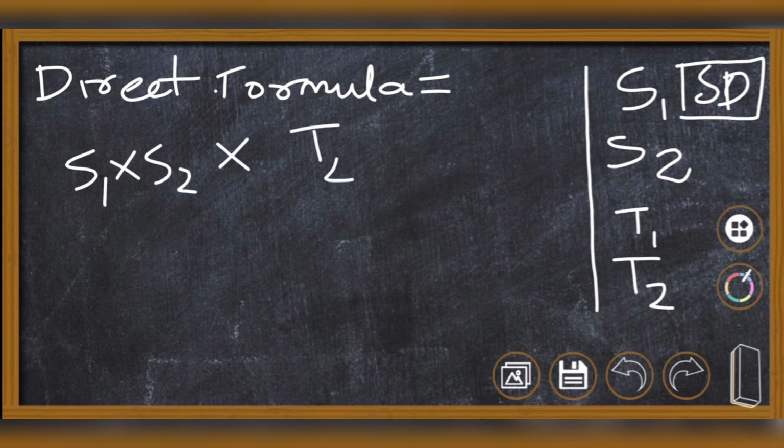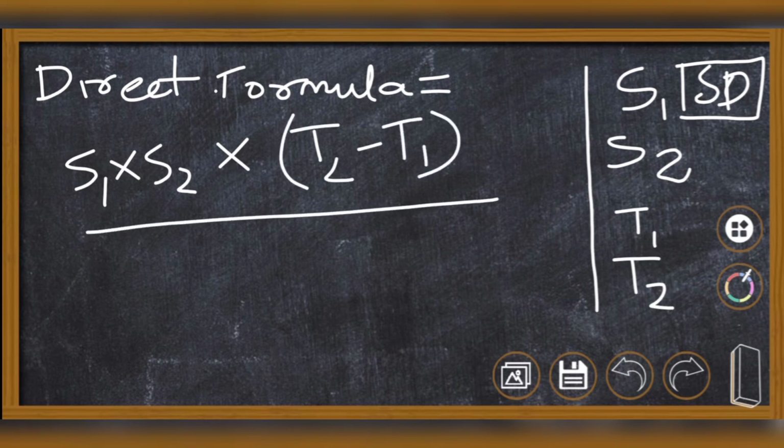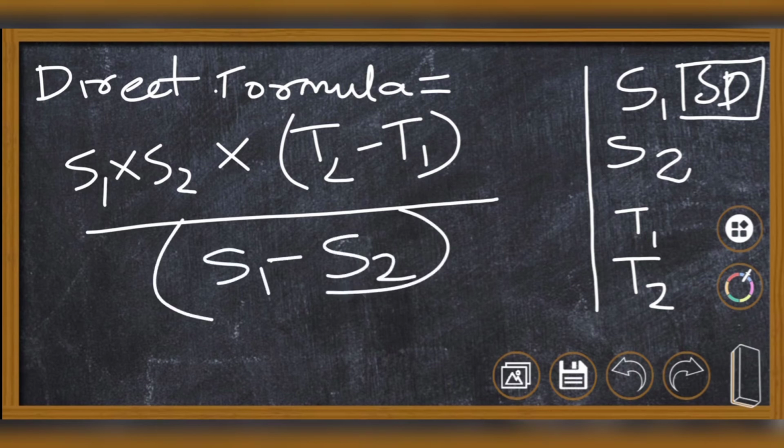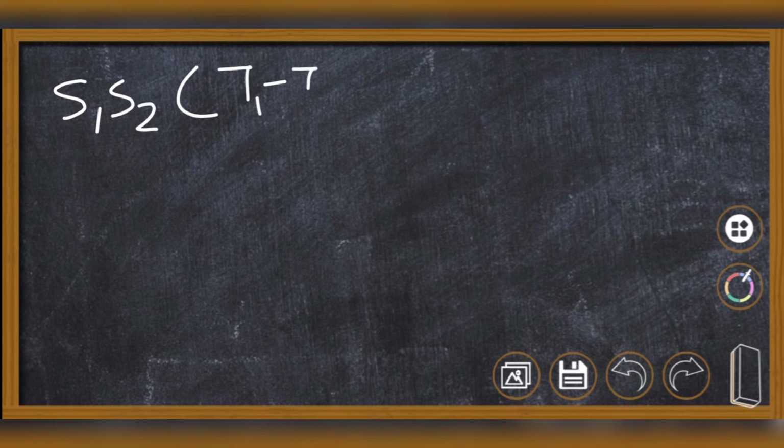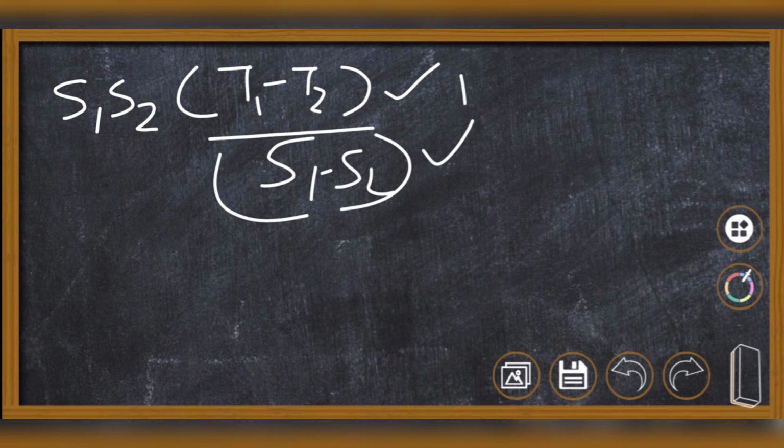The formula is S1 into S2 into T2 minus T1 divided by S1 minus S2. That is the product of the speeds into the difference between the times, divided by the difference between the speeds. So we will use this formula.